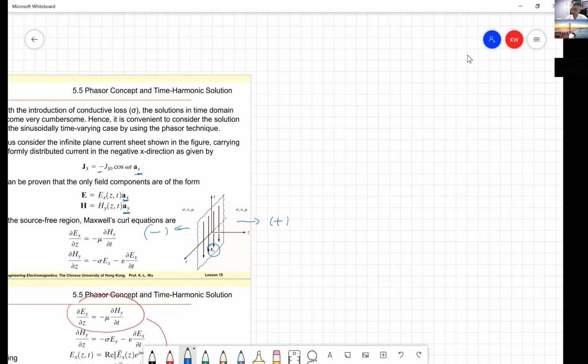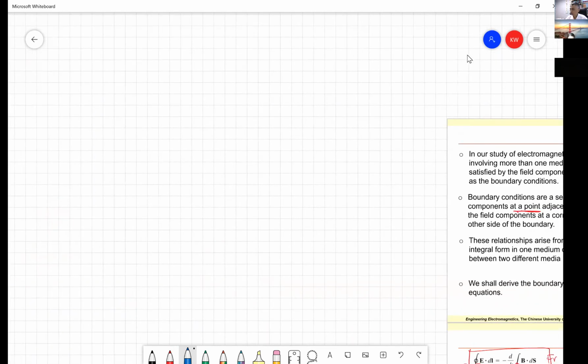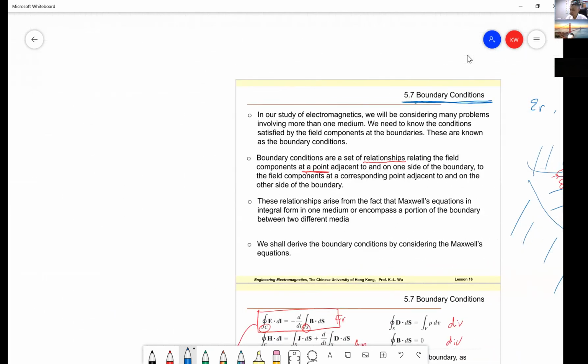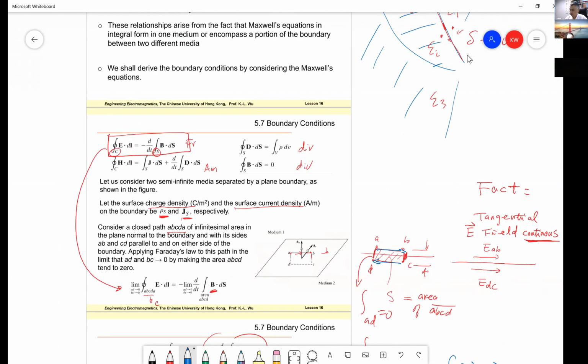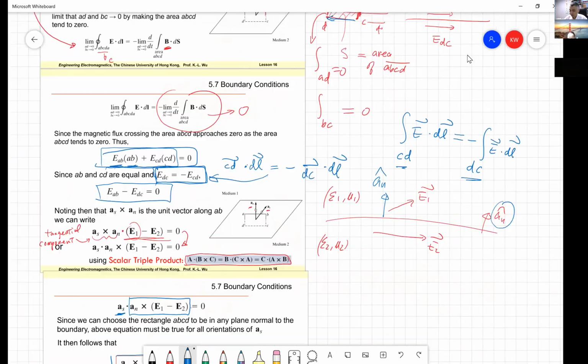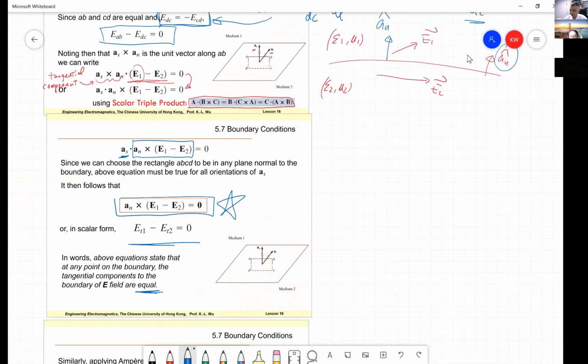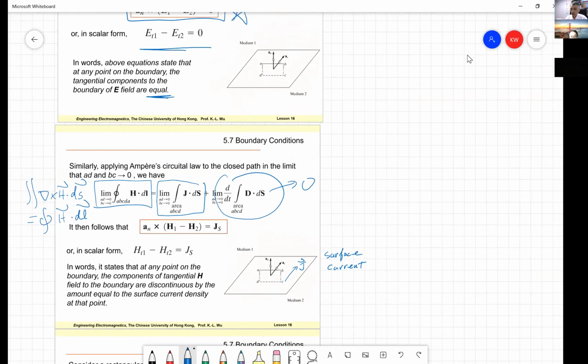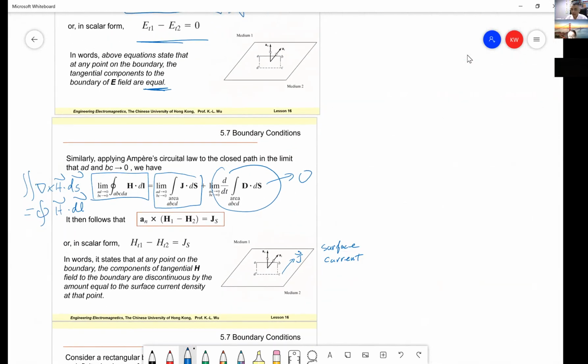Now let's see. So now you accept the existence of this current. We didn't go through the details. We just used the conclusion we just had. Exactly the same thing.